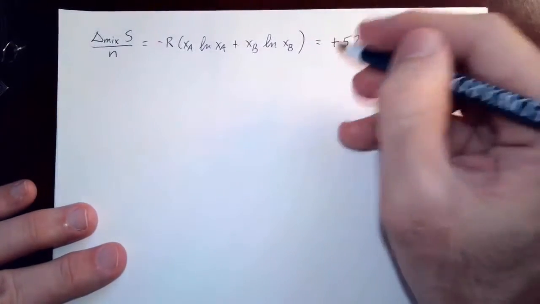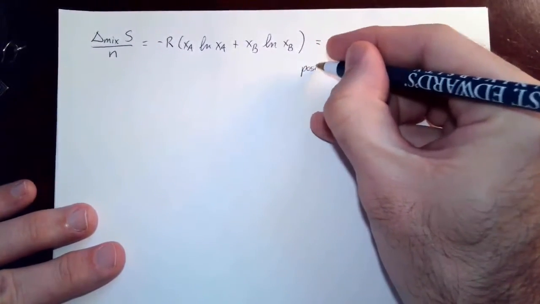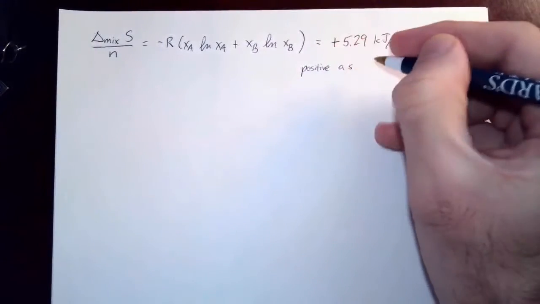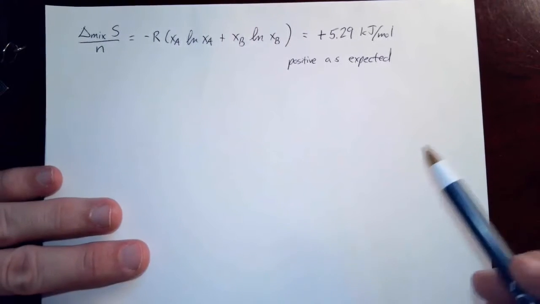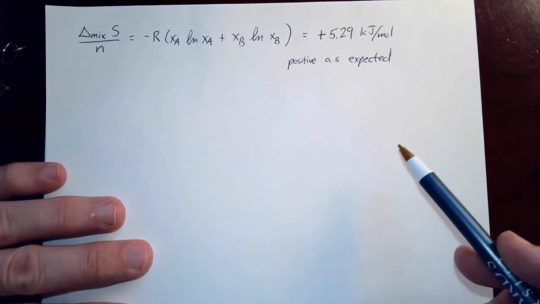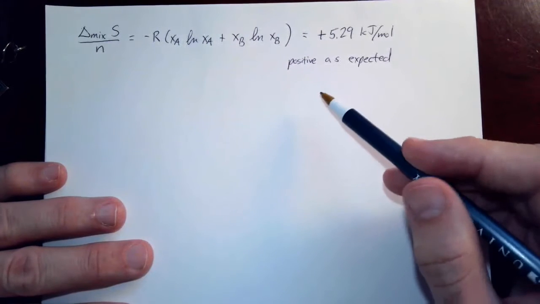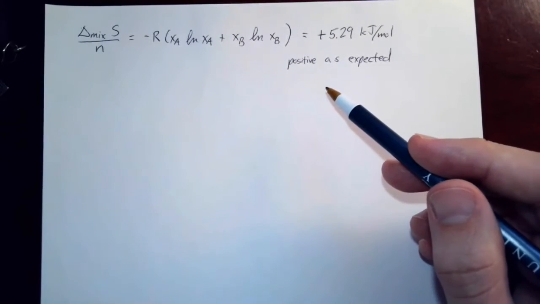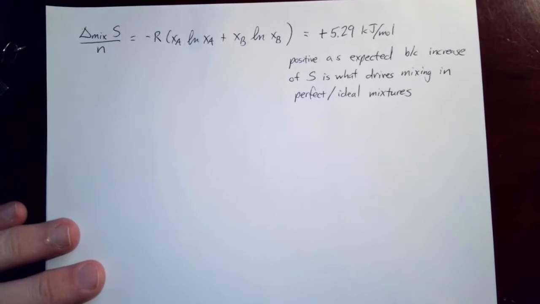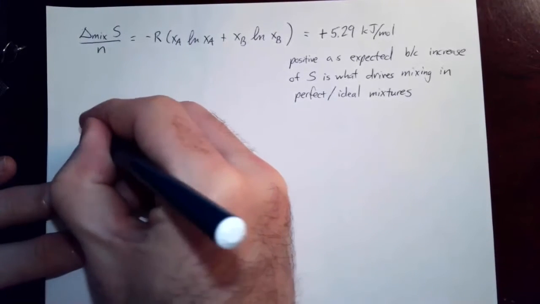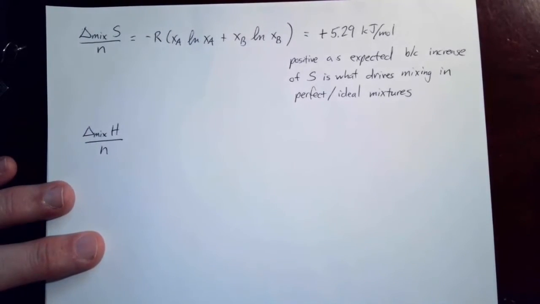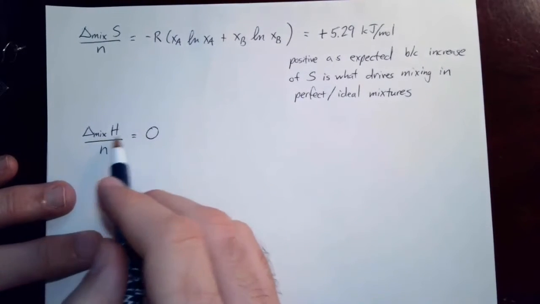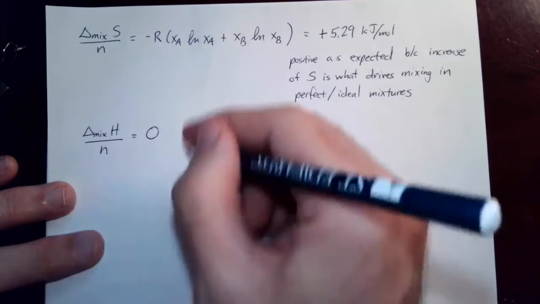And this positive is expected. Because as we discussed with perfect gases, and is also now true with ideal solutions, the increase in entropy is what drives the mixing. All right, and then the enthalpy of mixing, molar enthalpy of mixing, is going to be 0 because delta mix H is 0 for an ideal solution.